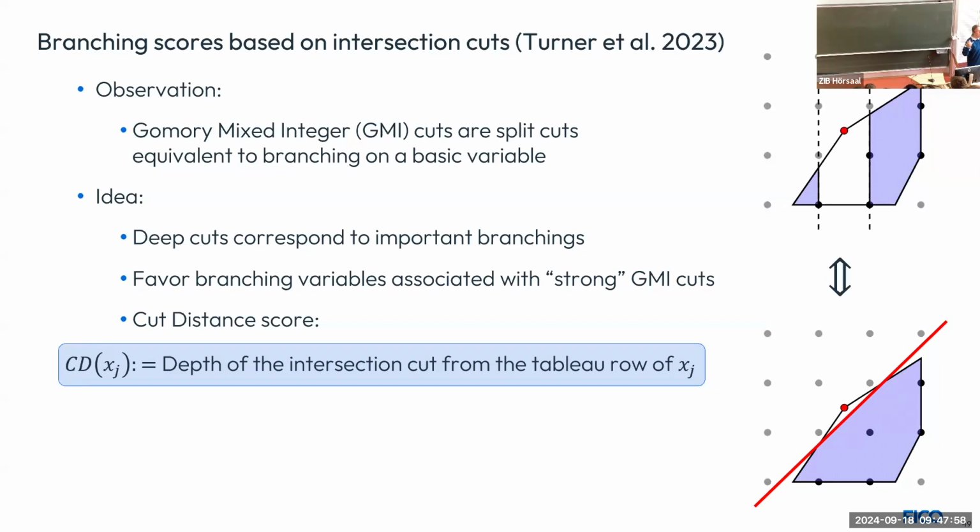The intuitive idea behind this rule is you consider this distance here, which is, by the way, one of the best measures for classifying cutting planes, as a measure also for branching. Deeper is better.